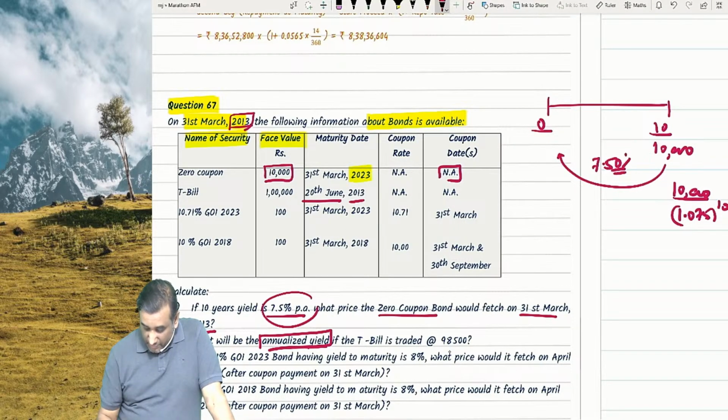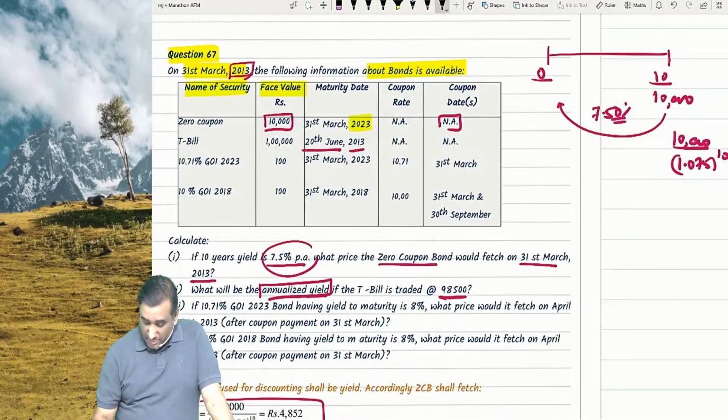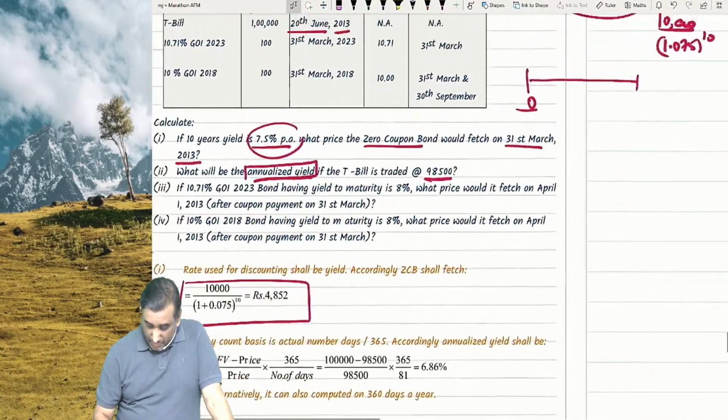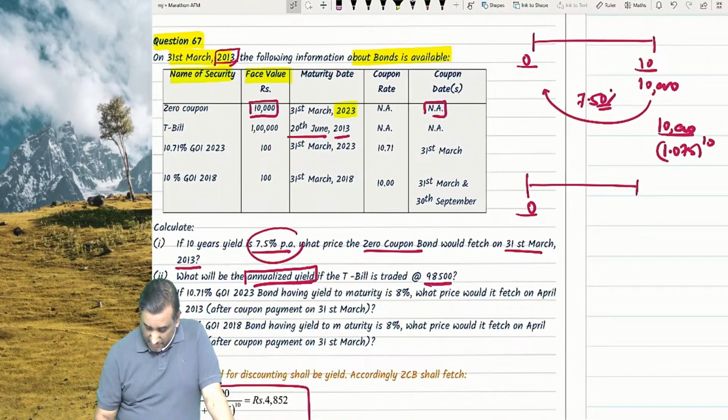If the present value is 98.50, in the second part you know the present value in zero period, and you know the future value after how many days. Just calculate the number of days. Number of days would come: 30 days of April, then 31 of May plus 21, 81.